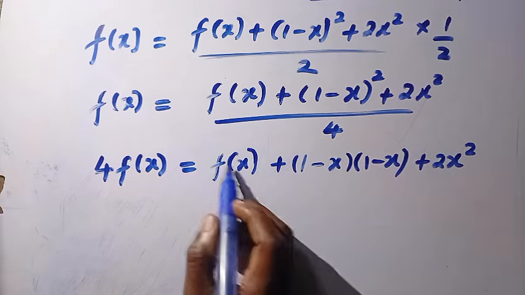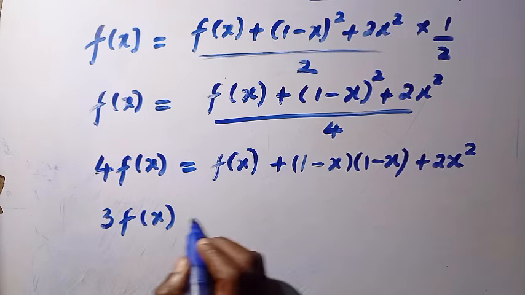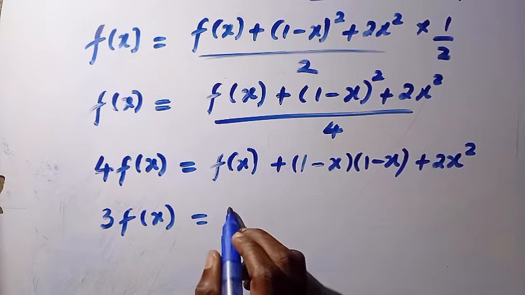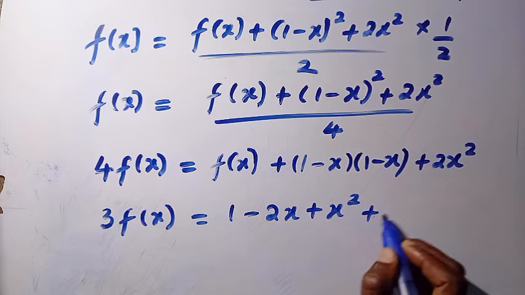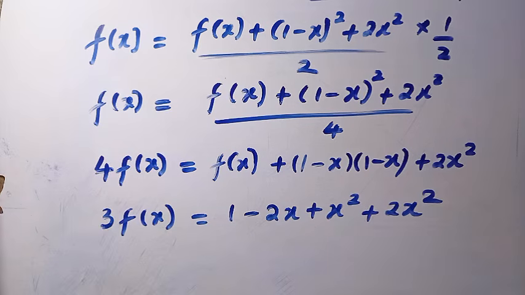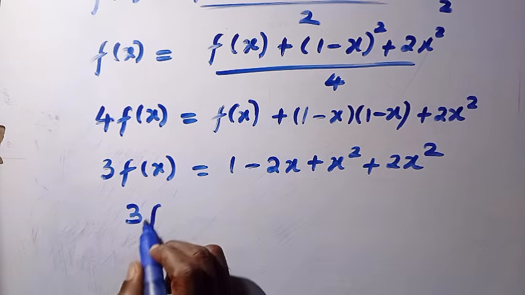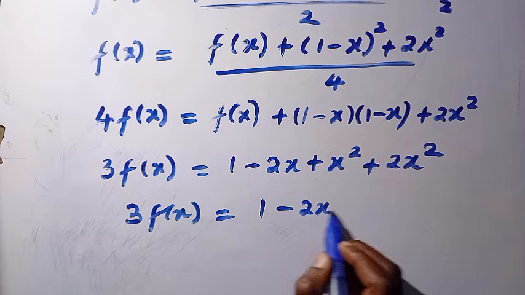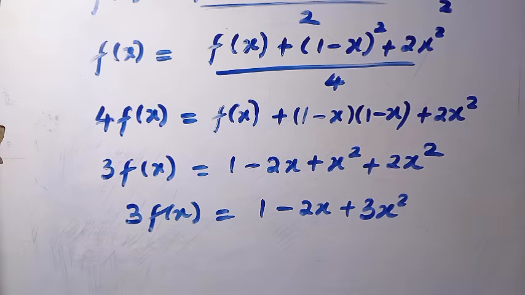So taking this f of x to this side, we have 3 f of x equals 1 minus x multiplied by 1 minus x. It gives us 1 minus 2x plus x squared plus 2x squared. And again, we have 3 f of x equals 1 minus 2x plus 3x squared, since x squared plus 2x squared gives us 3x squared. So we can divide both sides by 3.